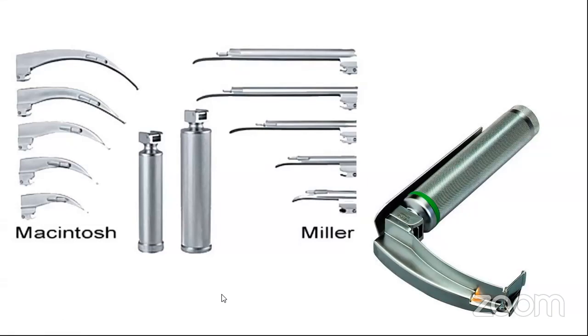The laryngoscope comes in different shapes and modifications, but basically there are two main types. One with a curved blade, as you can see, this blade is curved, and this is called Macintosh. And one with a straight blade, and this is called Miller. Regardless of the different modifications, these are the two main important types.